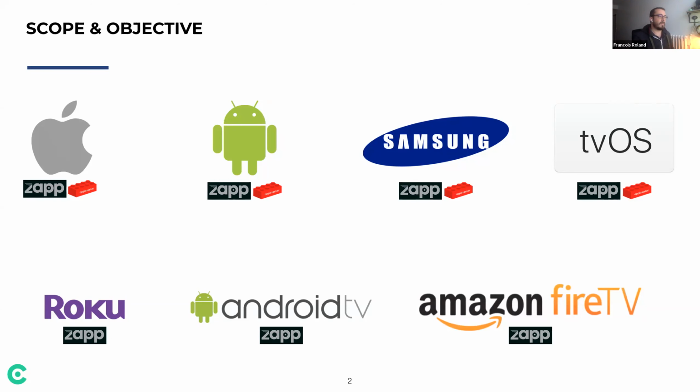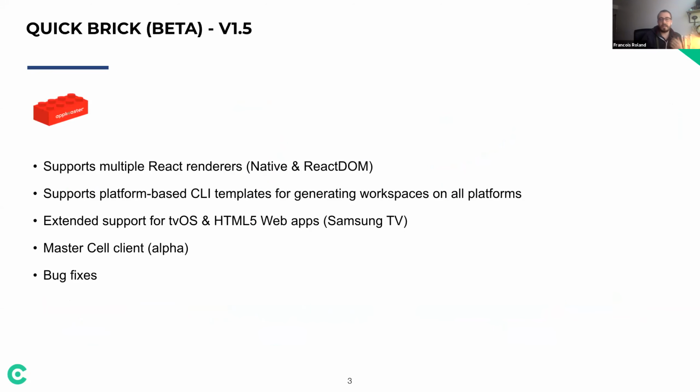With this cycle, we're going to announce a new version of Quick Break, which has lots of improvements. Now we support multiple React renderers, so we work for native environments but also for the web. We've added in Quick Break core support for a platform-based CLI template, so now you can customize the basic app on each platform that we serve, which is very useful when you have platforms and environments with very different behaviors, like mobile and TVs.